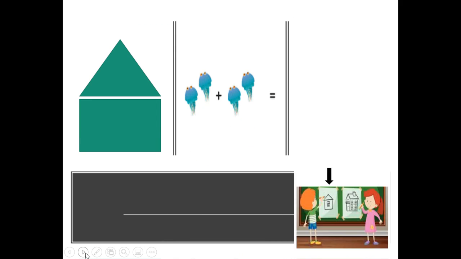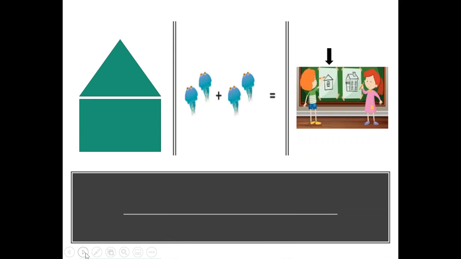Number 4, what do you notice or see? I notice or I see. Well, in the first picture, I notice a simple triangle and rectangle put together to make a house.